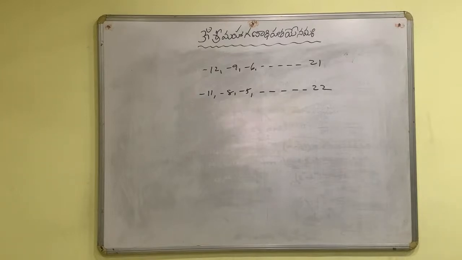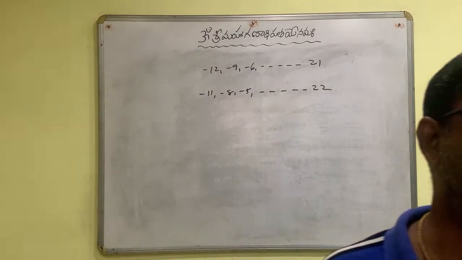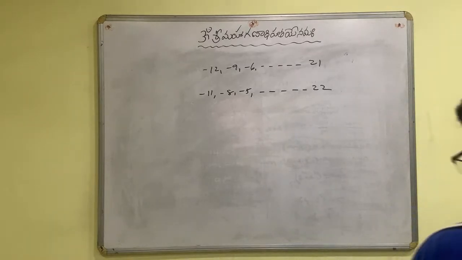A man saved 33,000 rupees in 10 months. Each month except the first month, he saved 100 rupees more than the previous month.